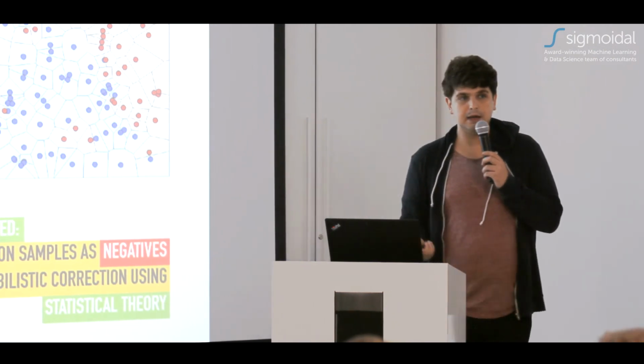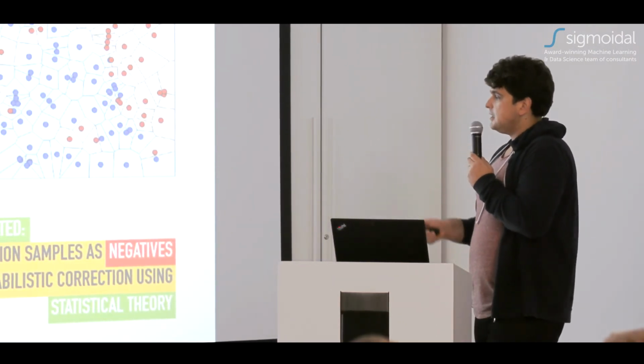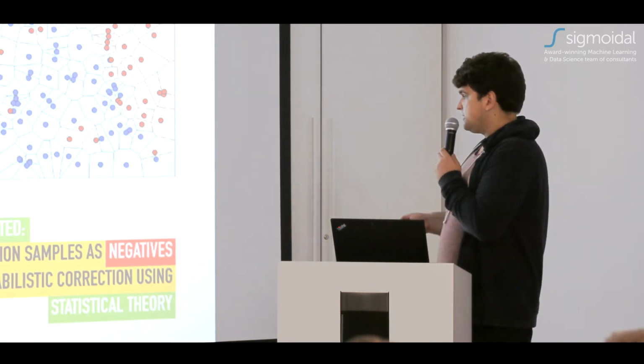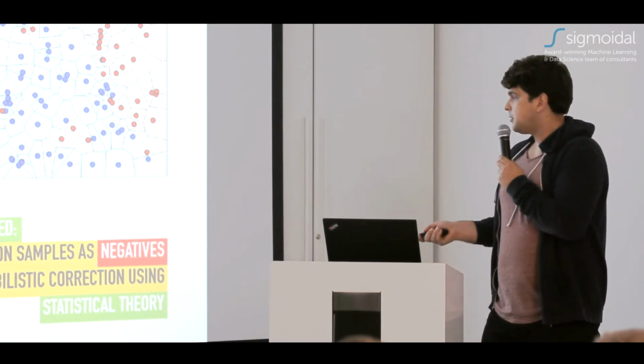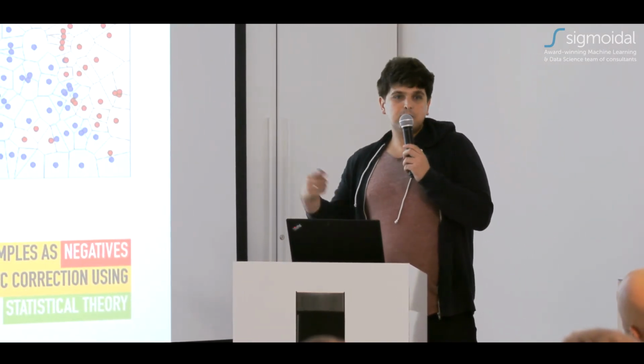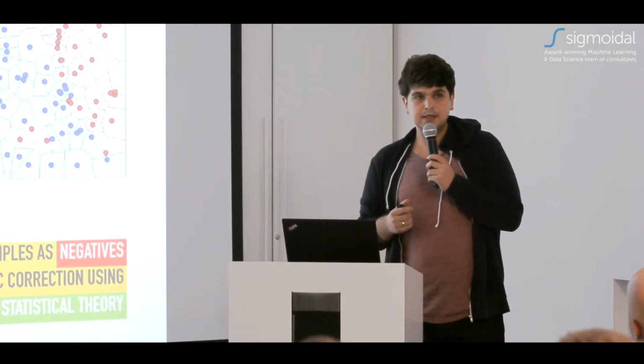It's hard to label them, but it's not hard to get them. And you are simply collecting such a data set, and introducing them to your data set as negative examples, and then using probably some kind of probabilistic correction, you're trying to predict the score values for new examples.